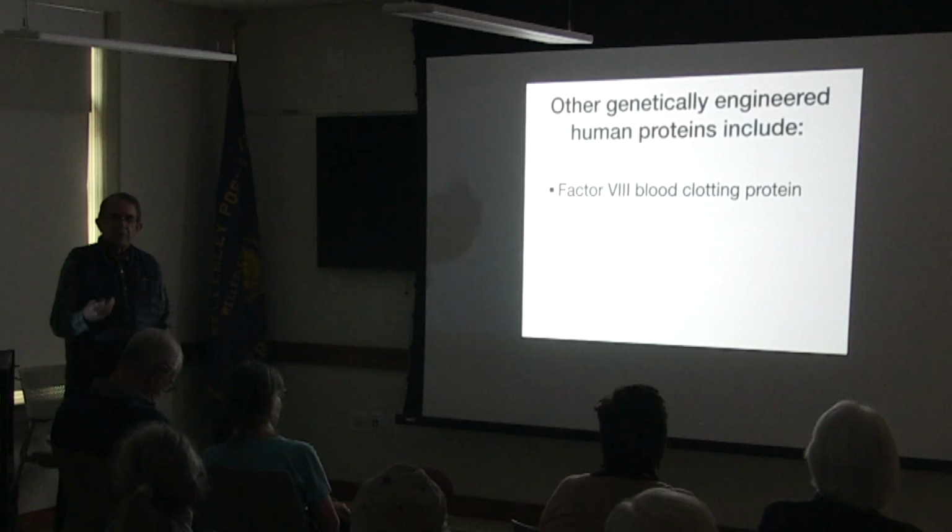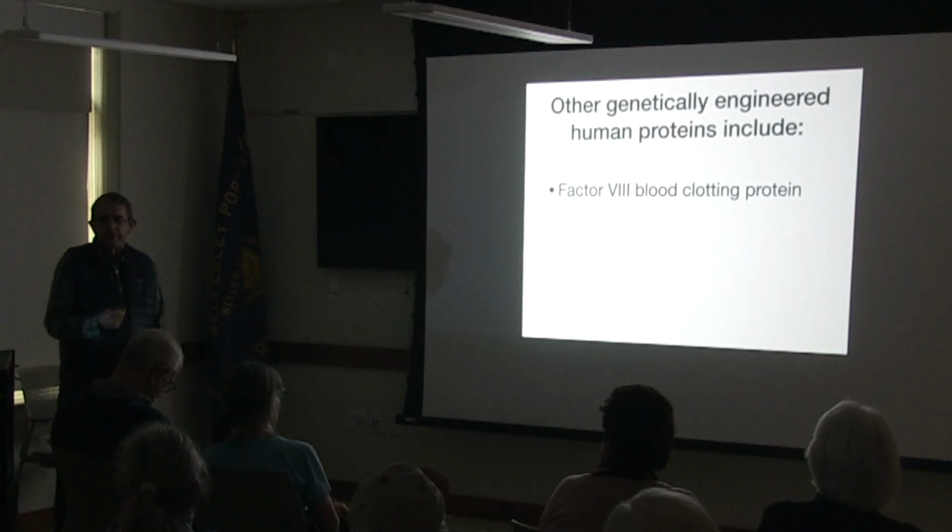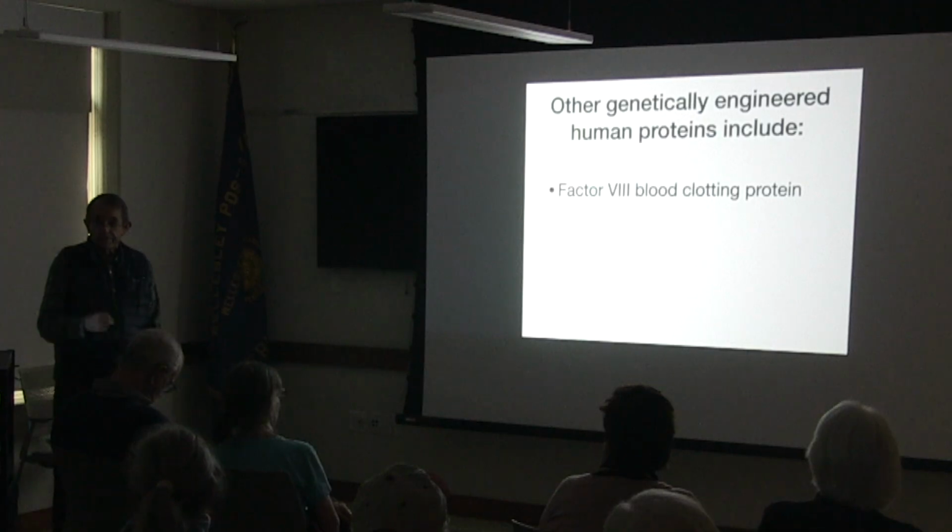A single dose would have been purified from 50 pints of donated human blood to extract and purify enough factor VIII for 1 injection. Hemophiliacs needed about 1 injection a month, so the cost was astronomical.